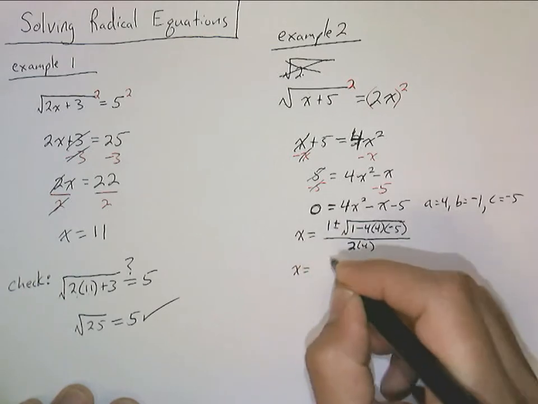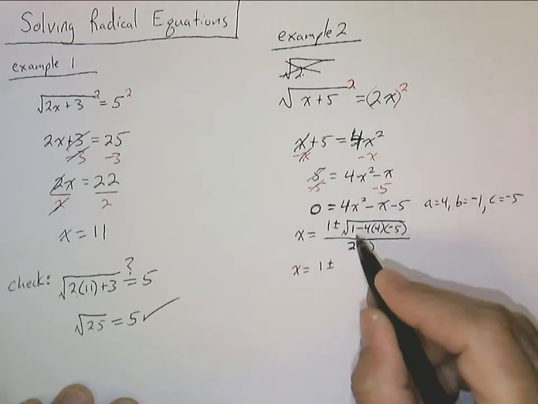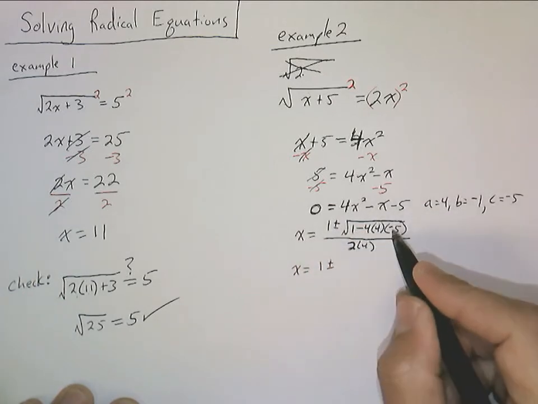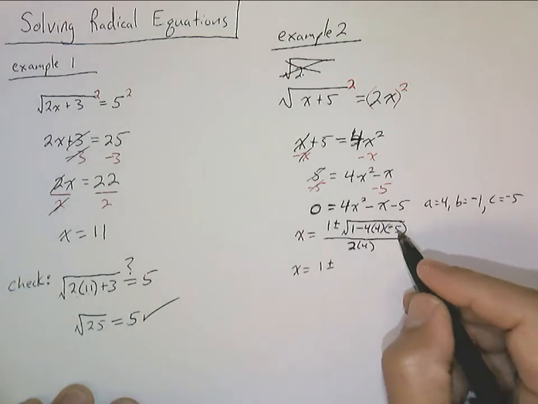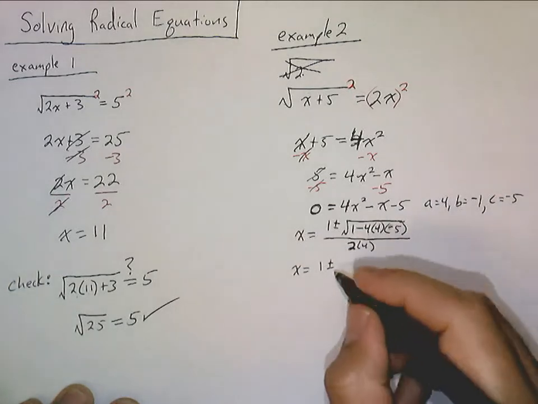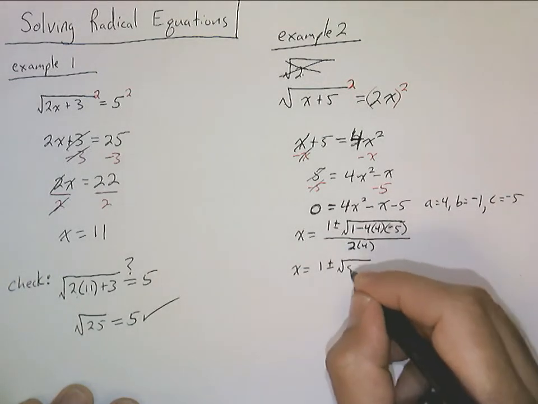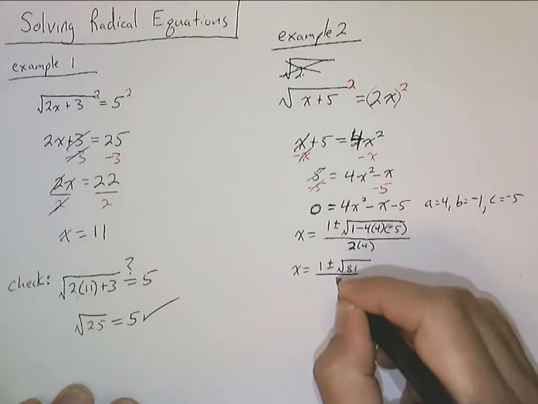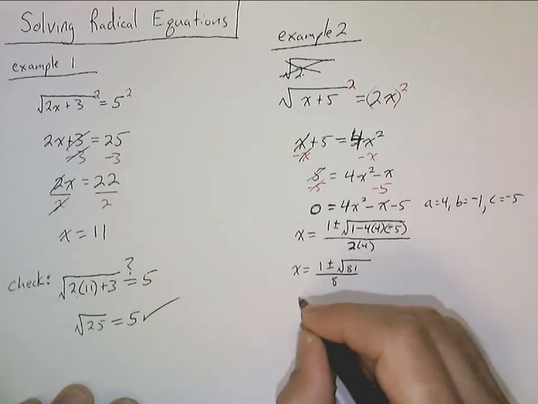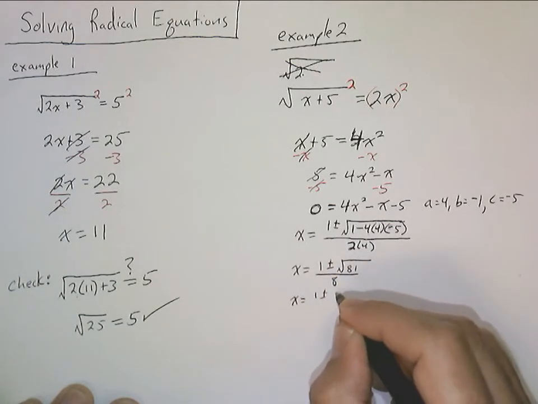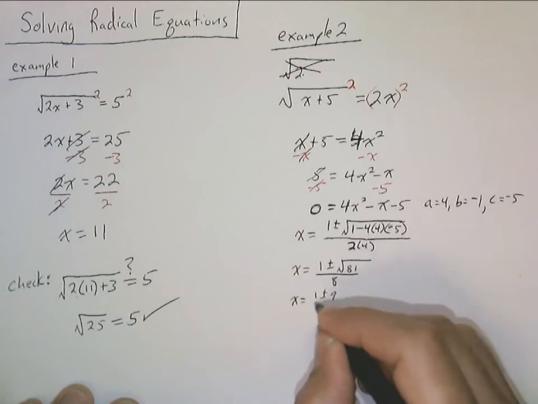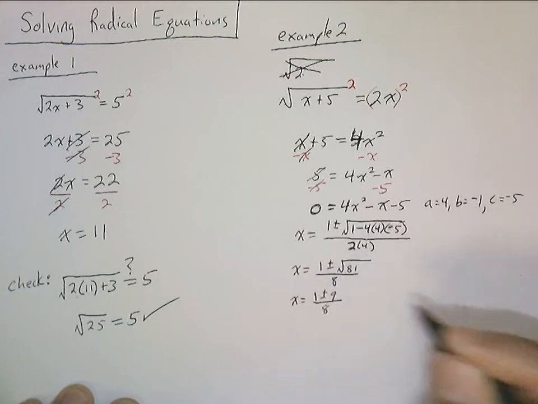So x is equal to 1 plus or minus the square root of 1 minus, we're going to be a negative here because we have this negative 5. 4 times 4 is 16, times another 5, that's 80. So this is the square root of 81, all over 2 times 4 is 8. So now x is equal to 1 plus or minus the square root of 81, which is, of course, 9, over 8.